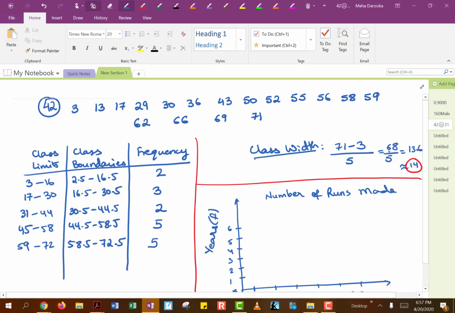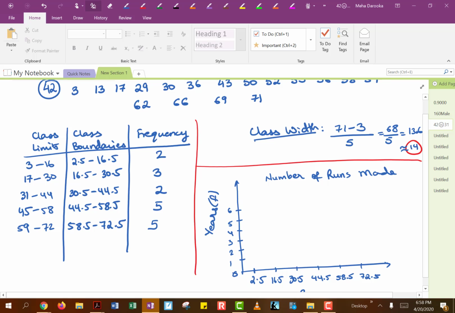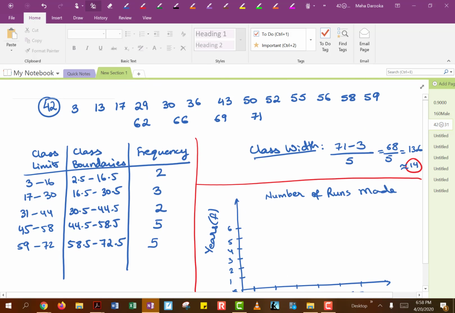Then I'm going to break this down into 5 classes, just going with the minimum number of classes here, so we divide by 5 and get 13.6, which tells us our class width should be 14. Based on that class width of 14, I started with our lowest data value of 3, created my 5 classes, and then got my class boundaries. Once I had my class boundaries, I got my frequencies taken care of.